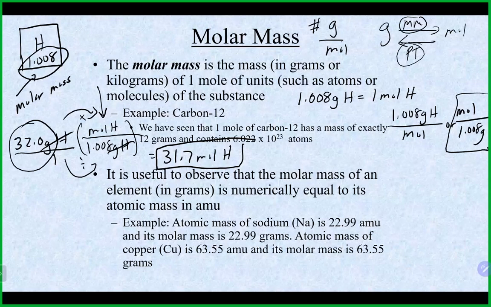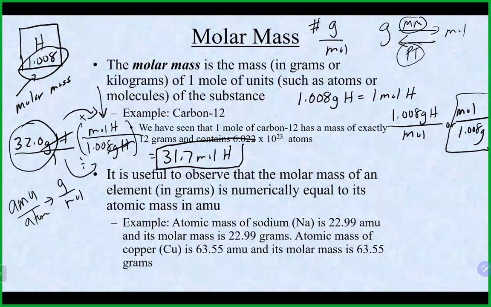Now, you may be saying to yourself, isn't that the AMU for hydrogen? And you are right. Numerically speaking, if you do the conversion between the units we saw earlier, AMU per atom to grams per mole, they end up being numerically the exact same number. So the exact same number that you would have for the atomic mass in AMU per atom is the exact same molar mass you would have in grams per mole.